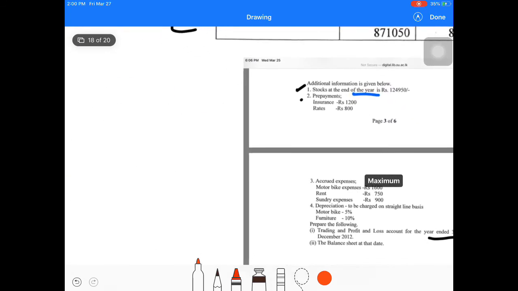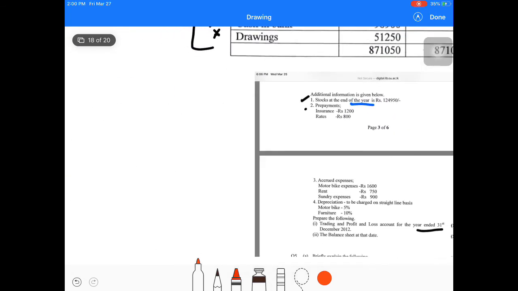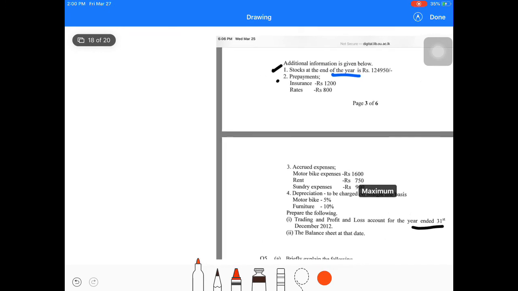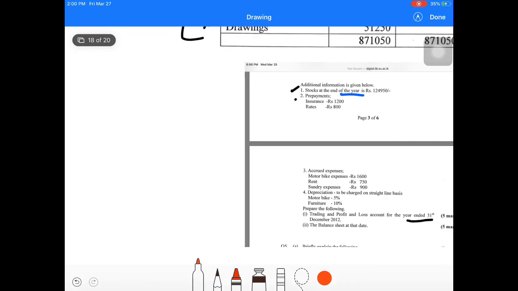Then accrued expenses also available. Accrued expenses. Accrued means we have obtained the service but we have not paid it. For an example, we have used this motorbike expense but we have not paid for it. We have used the rent but we have not paid it.